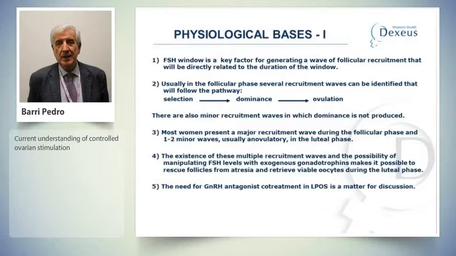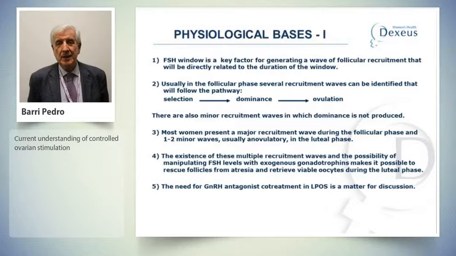The classical way, usually in the follicular phase, there were several waves of follicular growth that follow the pathway normally: selection, dominance, to have a single dominant follicle, and ovulation.